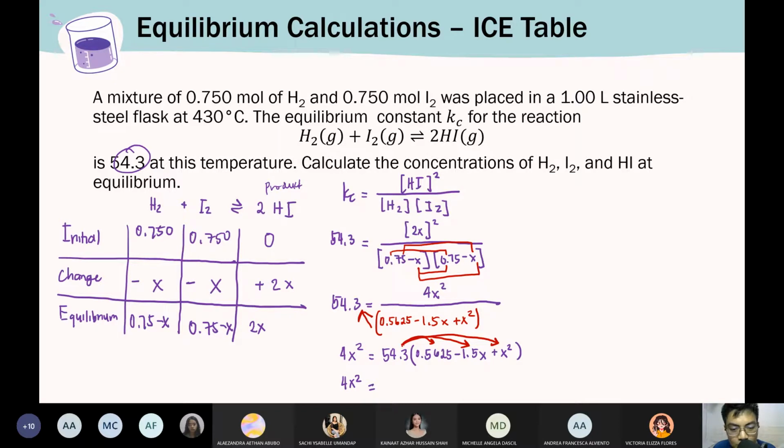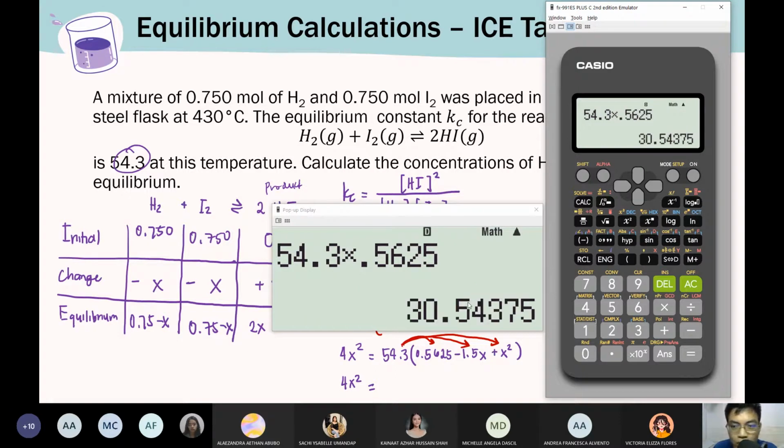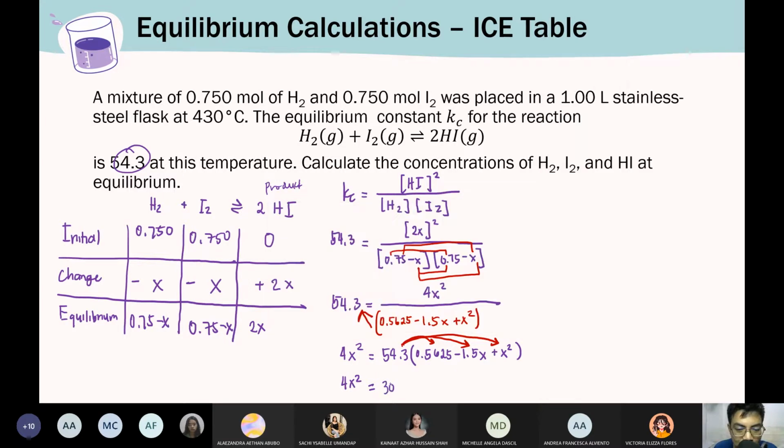And then yung first product natin, 54.3 times 0.5625. Okay, 54.3, 0.5625. Kopyahin mo lahat yan. Daming numbers. O, 30.54375.